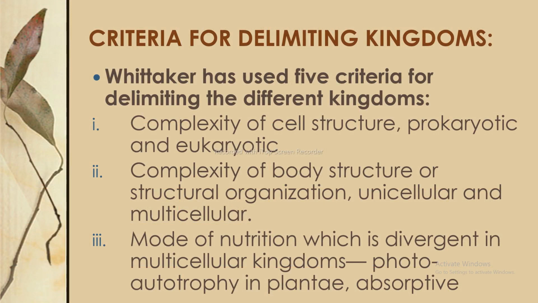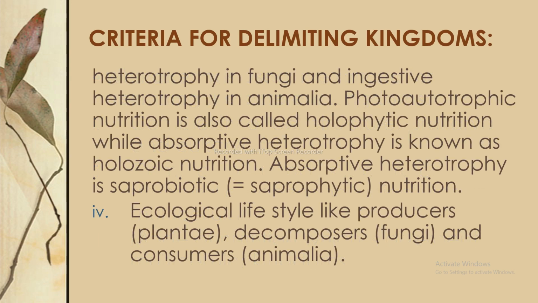First is the complexity of cell structure, prokaryotic and eukaryotic. Second is complexity of body structure, structural organization, unicellular and multicellular. Third is the mode of nutrition, which is divergent in multicellular kingdoms: photoautotrophy in Plantae, absorptive heterotrophy in fungi and ingestive heterotrophy in Animalia.